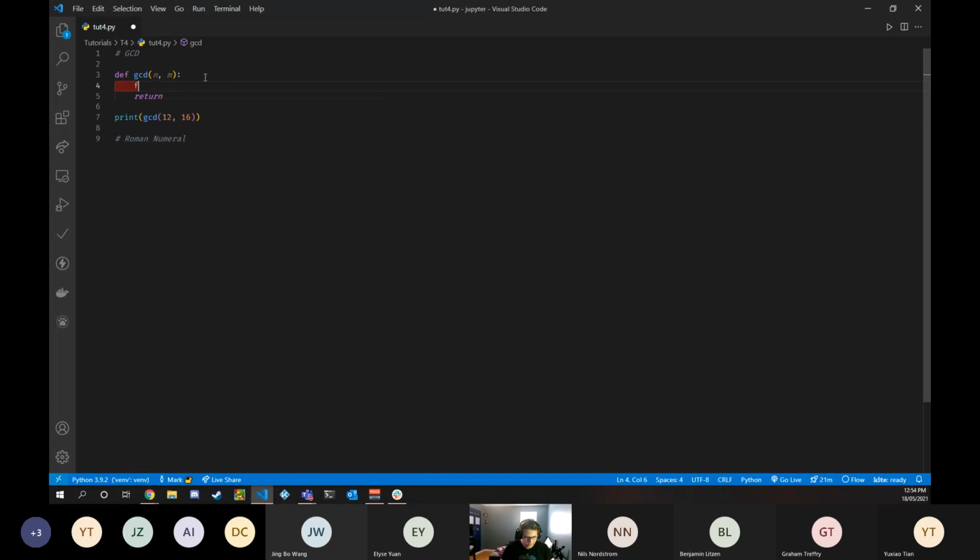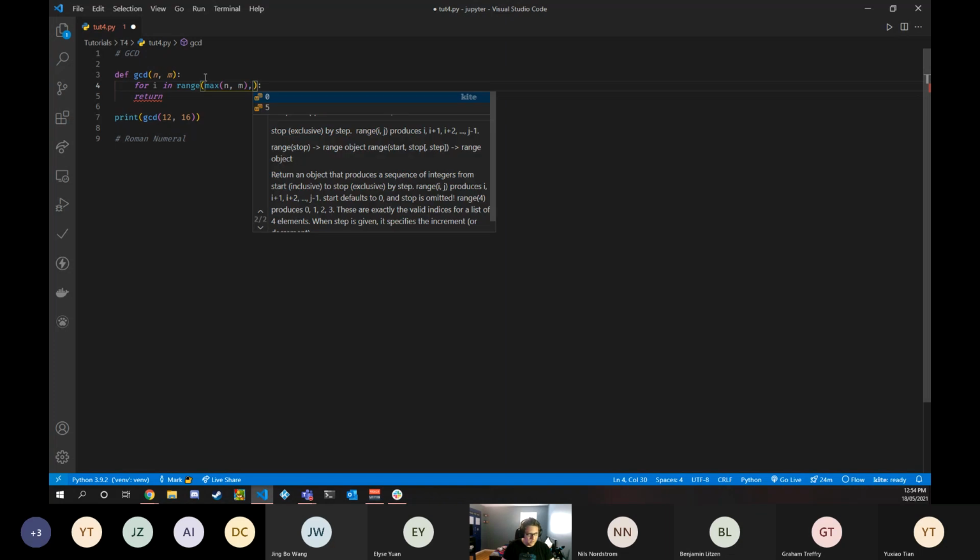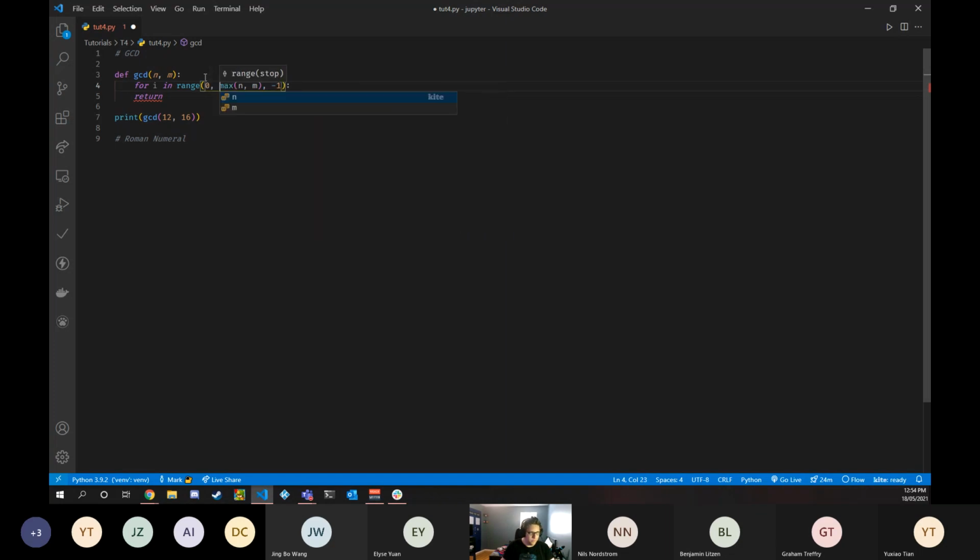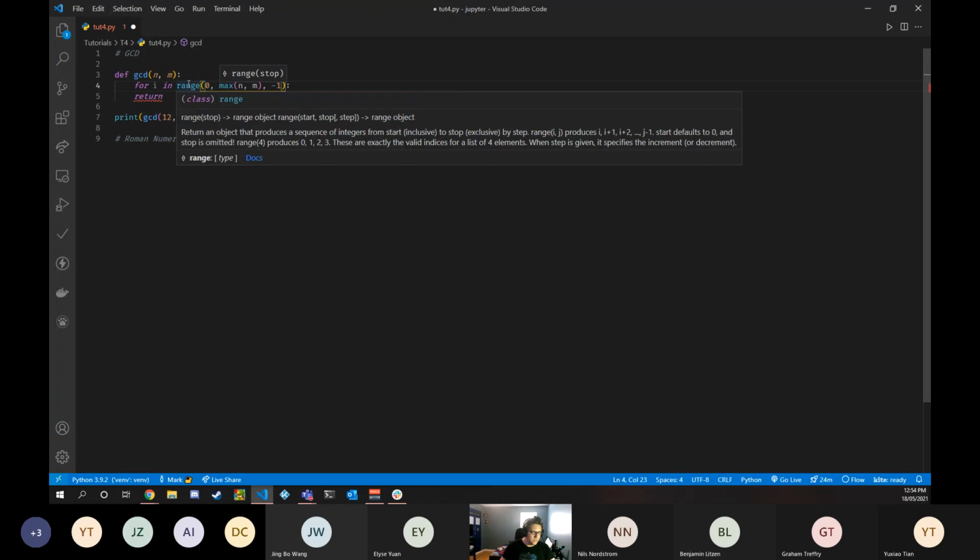The greatest common denominator looks at every i in a range starting from the maximum of either n or m, and it goes to 0 but backwards.